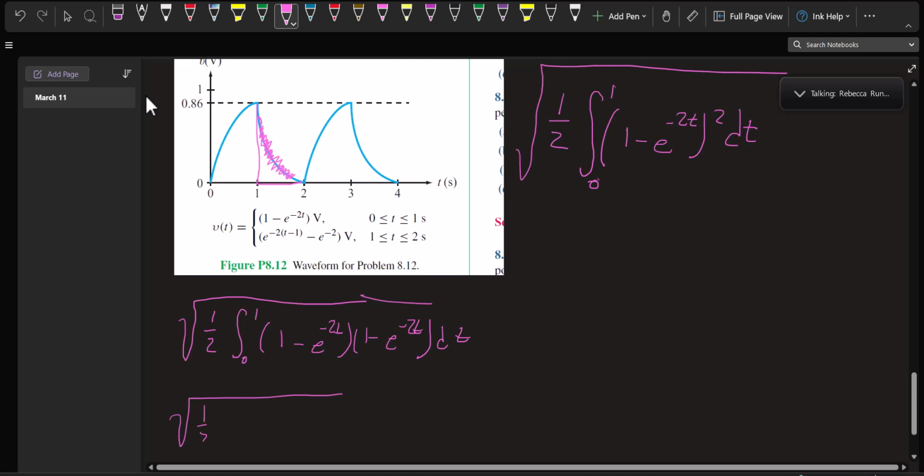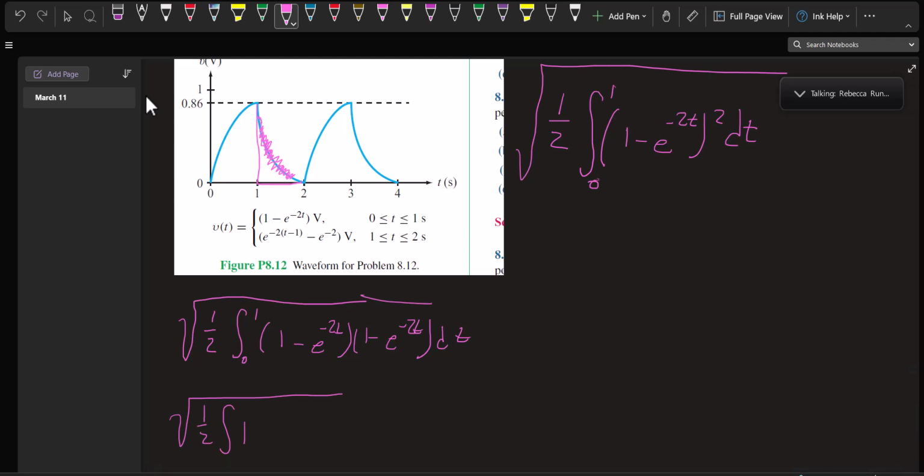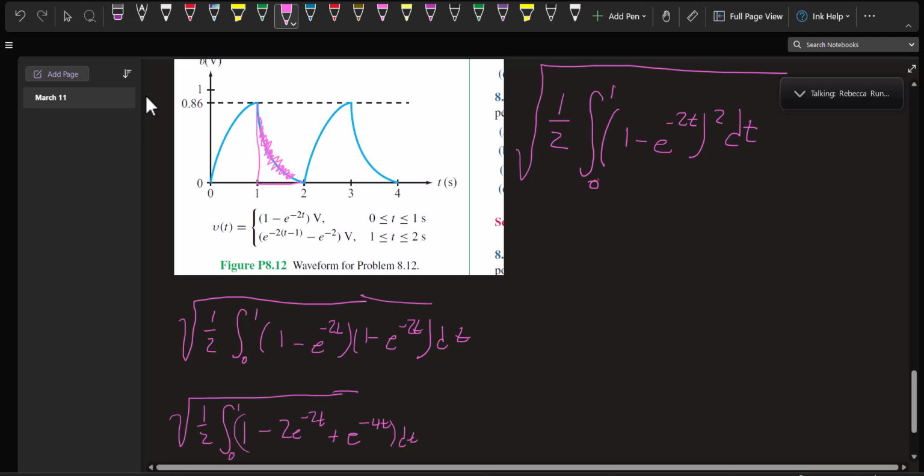So that's 1/2 integral. 1 times 1 is 1. 1 minus e to the minus 2t is minus e to the minus 2t, and then I've got 2 of them, so minus 2e to the minus 2t. And then e to the minus 2t times e to the minus 2t is plus e to the minus 4t dt from 0 to 1.